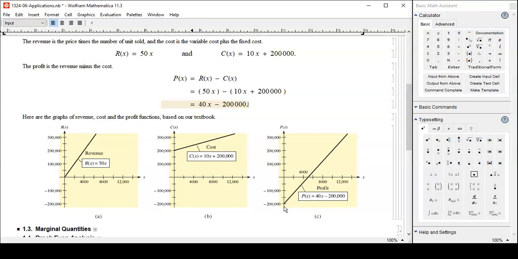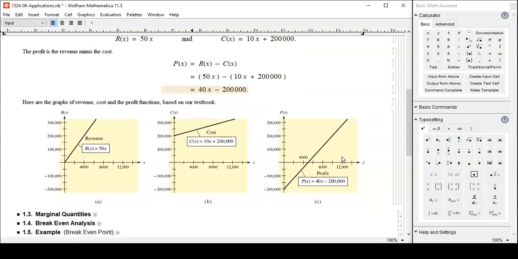Okay, and then if I sell nothing, then x is 0, and then subtract 200,000, so y-intercept is negative 200,000. And then if I sell more, then I'll get a little bit more profit. And then at this point, my profit is 0, which we call break-even point. And then after that, I'm going to be profitable.